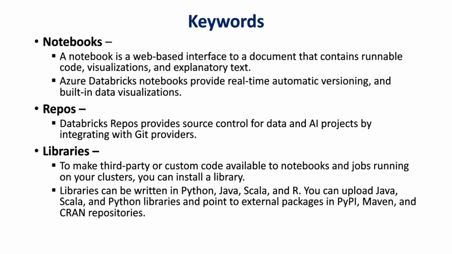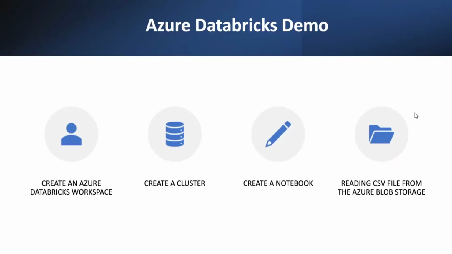Databricks repos provide source control for data and AI projects by integrating with Git providers. Next, we have libraries. You can create your own libraries, and libraries can be written in Python, Java, Scala, and R. So you can develop your own libraries if you need any customized things.